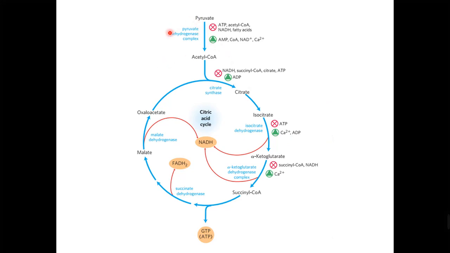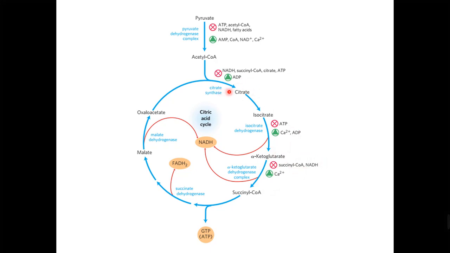The pyruvate dehydrogenase complex we already completed. Coming to the TCA cycle components, number one, citrate synthase, the first enzyme, is a regulatory enzyme, and isocitrate dehydrogenase is a regulated enzyme, and alpha ketoglutarate dehydrogenase is a regulated enzyme. So three enzymes are involved in the fine tuning of the TCA cycle.